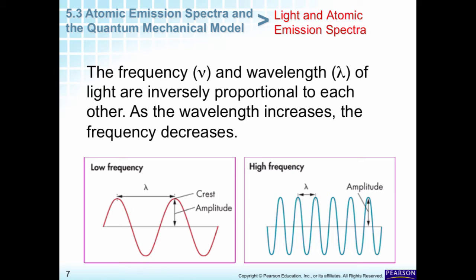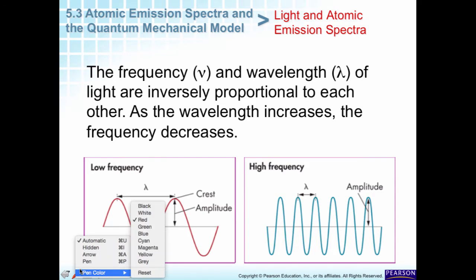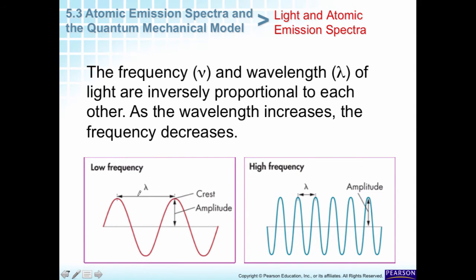In this first red section, we have a wave that has a very low frequency. You don't see a lot of crests in the same period of time. Both of these waves have the same amplitudes, but their frequencies are different. This one has a lot more crests, so it is much higher in frequency.